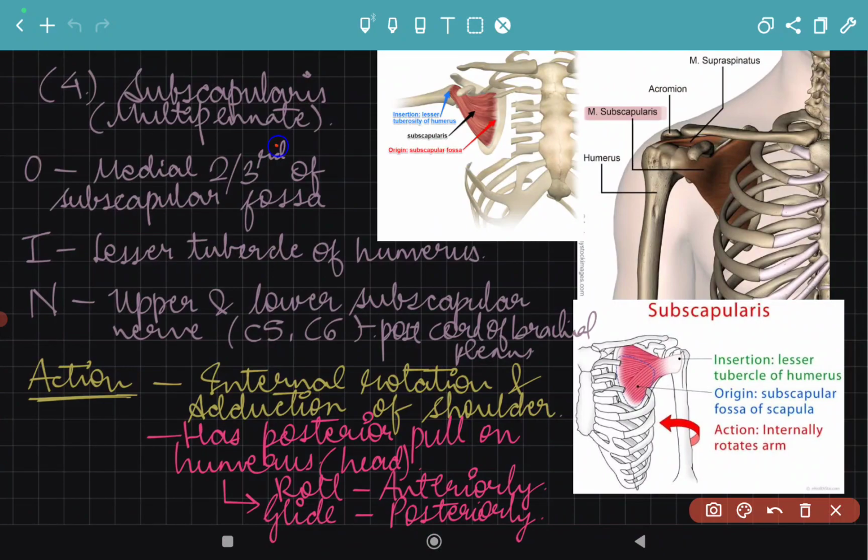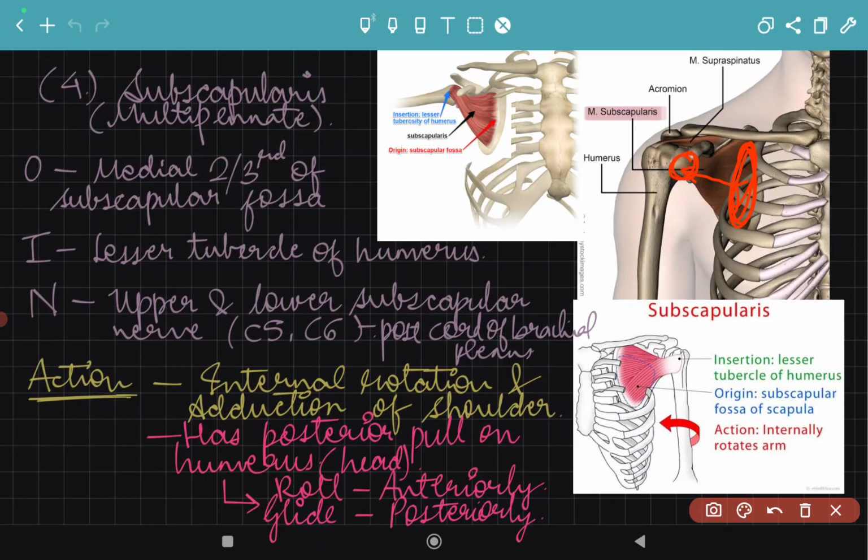Now let's cover the last one, the subscapularis, which is a multipennate muscle, as can be seen here. Subscapularis can be appreciated well in the anterior view. We can see it originates from the medial 2/3 of the subscapular fossa, anteriorly, and from there it goes to insert on the lesser tubercle.